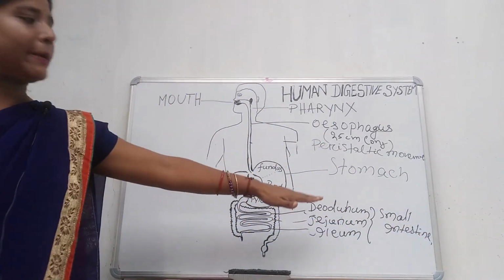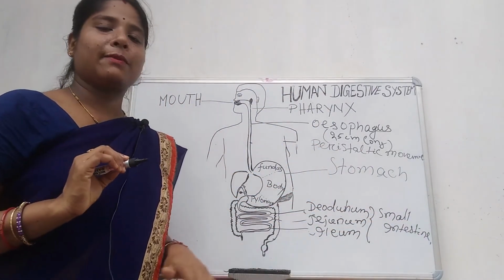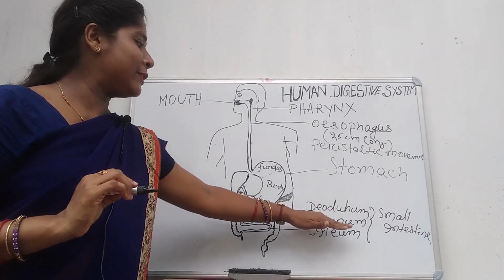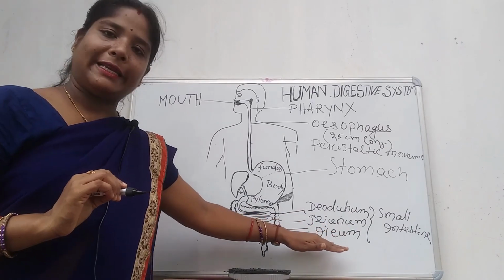Collectively these three parts are called the small intestine. First part is duodenum, next to duodenum, jejunum and ileum.